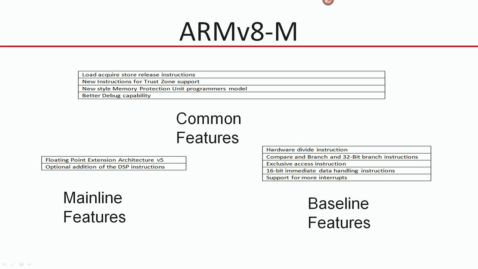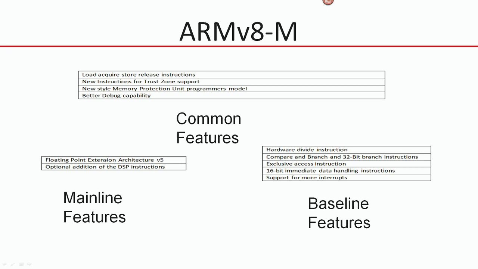And also there'll be enhanced debug capability. Not much has been announced about this at the moment, but I would assume this will add more features such as on-chip trace to the debug architecture. So, for example, on the Cortex-M0 Plus, we have the micro trace buffer, which allows us a snapshot trace buffer with very low-cost tools.